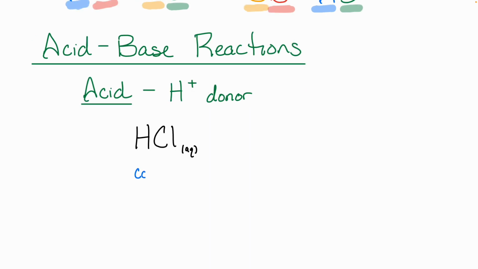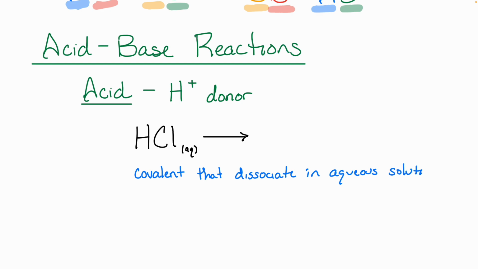So these acids are covalent compounds, but there's something really weird about these acids, which is they are covalent compounds, but they still dissociate in aqueous solution. They behave like ionic compounds in water. They actually still split up. So this would split up into a hydrogen ion and a chloride ion.